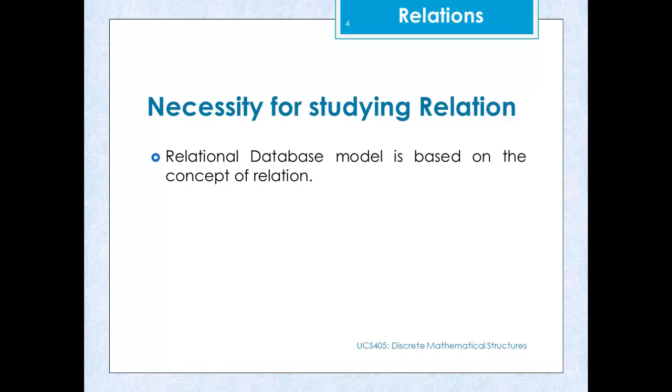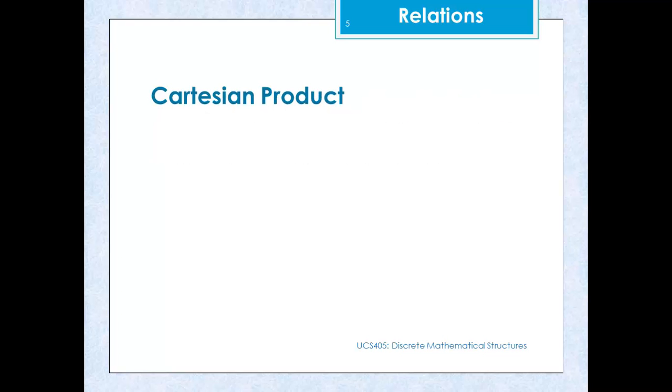Now moving further to the definition of the relation, I would like to recall some topics from the set theory that are the base for this topic. So let us first discuss the term Cartesian product.